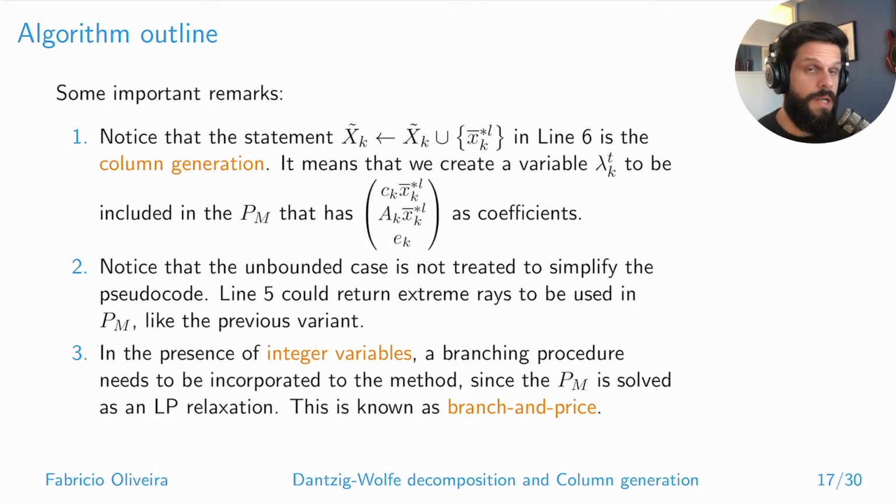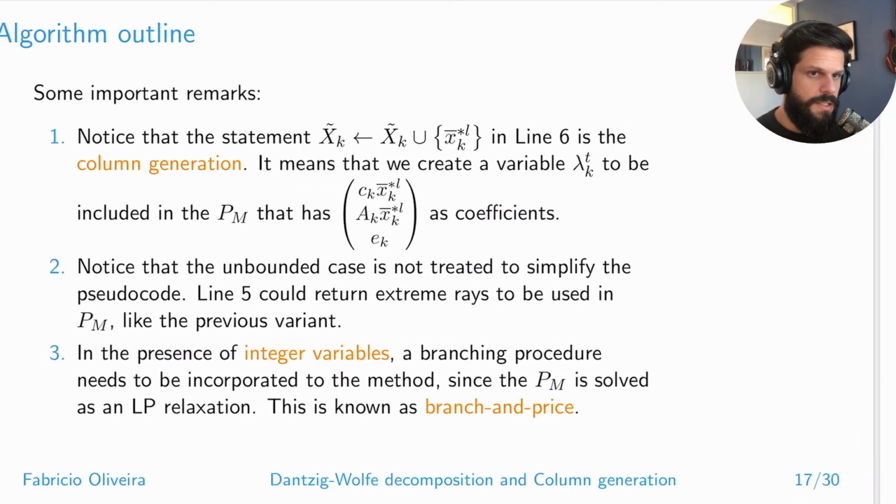It's a widely known framework for decomposition that is quite important in several applications where you have an exponential number of variables, typically problems that come from the realm of combinatorial optimization, right? And that's what is called branch and price.